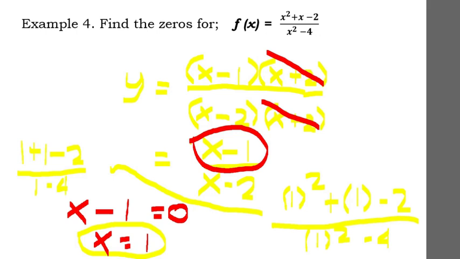So 1 plus 1 minus 2 is equal to 0, and 1 minus 4 is equal to negative 3. 0 divided by negative 3 is equal to 0. Okay, so therefore, the function becomes 0 at x is equal to 1.